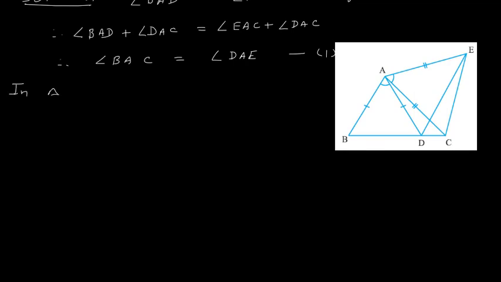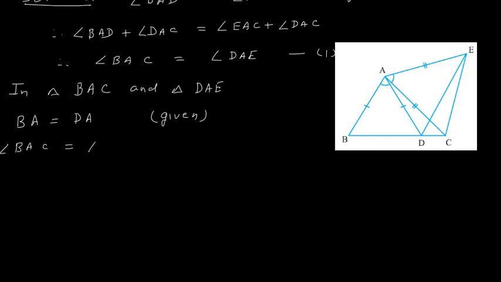and triangle DAE. Now in these two triangles, BA is equal to DA. This is given. Angle BAC is equal to angle DAE.